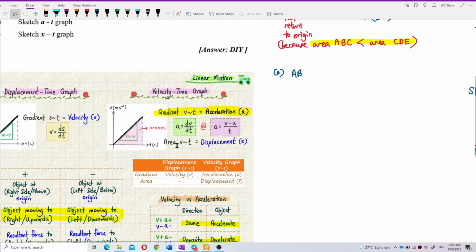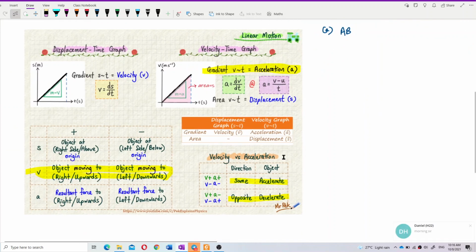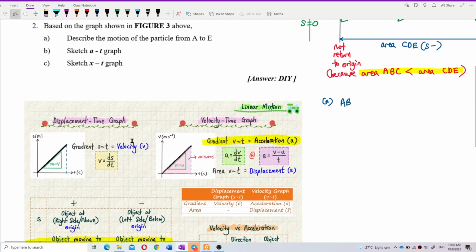You see this one picture here already carries all the gist, all the most important things in this graph. So you just have to apply the knowledge here, then you can solve everything.